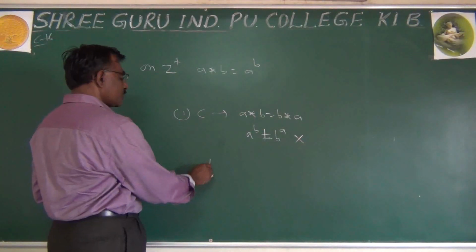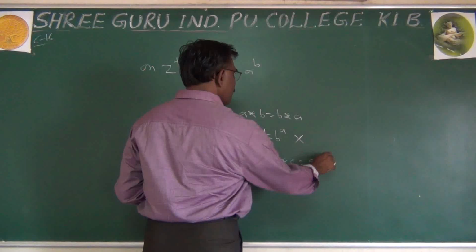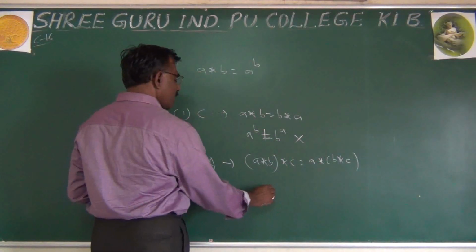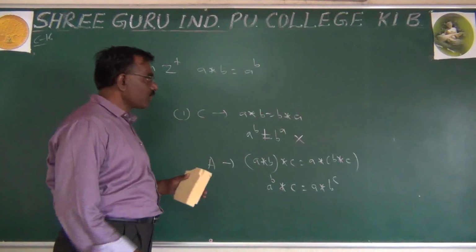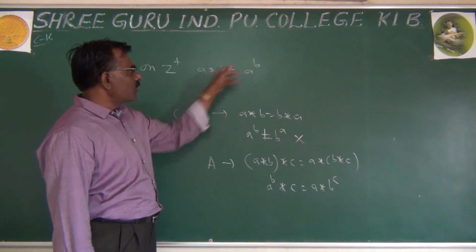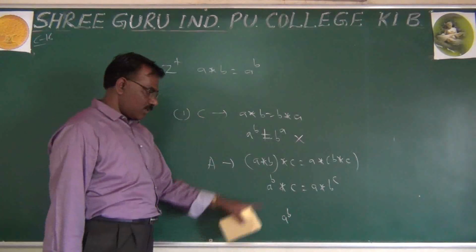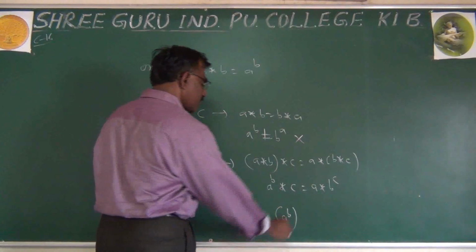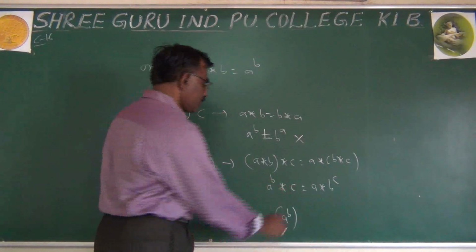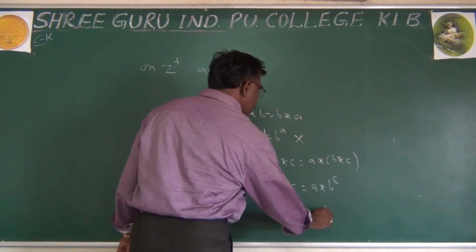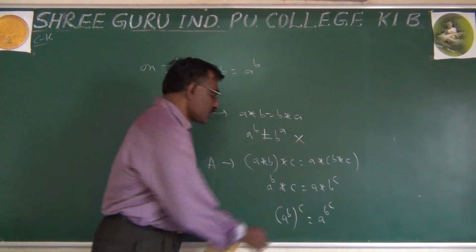Now whether it is associative. A star B star C and A star of B star C. A star B is A raised to B, then star C gives A to the power B raised to C. Here A raised to B is the base, and C is the power. In the other, A raised to B raised to C, this also is not equal.